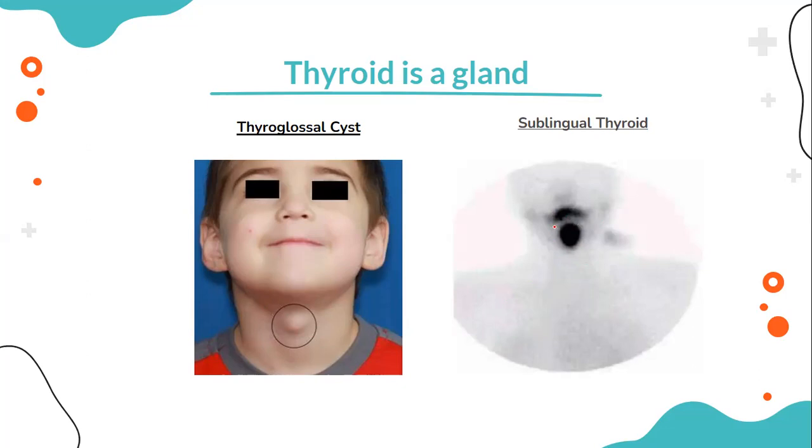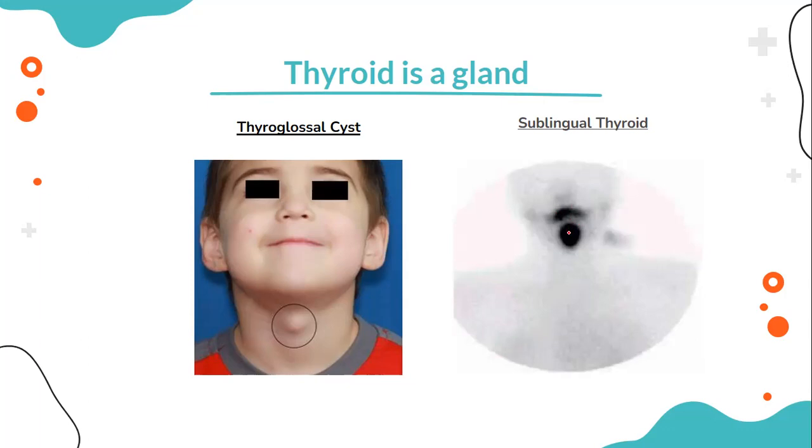Since this gland is bound to this iodine, here's the result. This is the normal thyroid, and this one above the normal one would be a sublingual thyroid, because it is also showing the regular binding to iodine. Iodine means yodo. So this normal tissue, this gland actually binds to iodine.